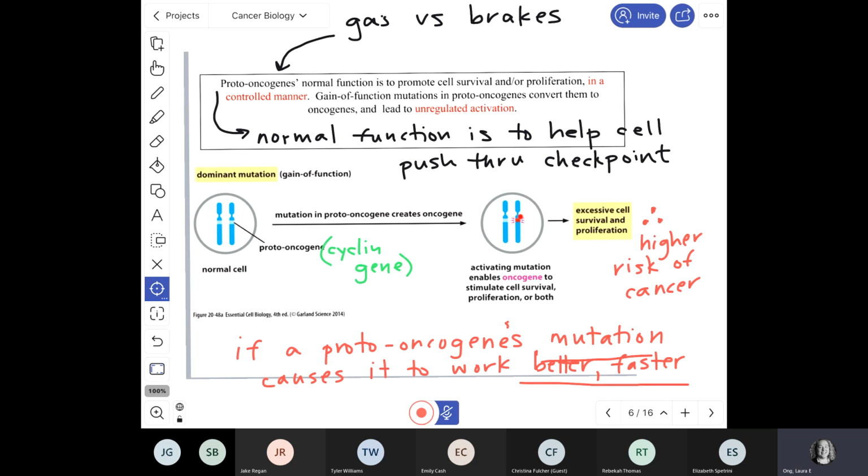If one of them gets a dominant or gain of function mutation, and that one's going to work better, it doesn't matter that this one over here is still normal. This one's on speed and it's going to work better, faster, cleaner, I guess, and cause the cell to have too much cell survival or too much proliferation.